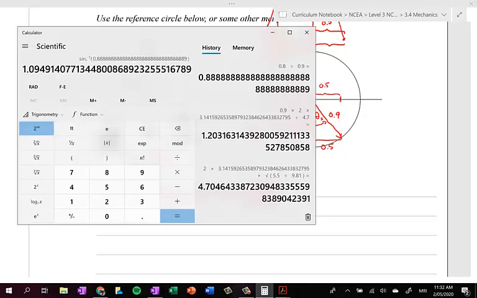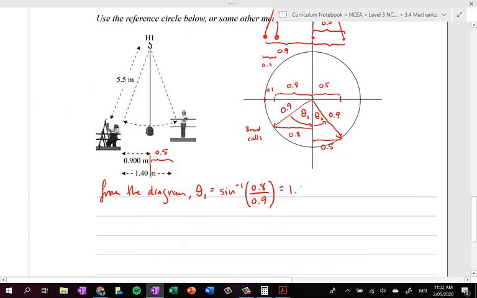So that angle in radians is 1.09. And θ2, well, here it's again the inverse sine because it's the opposite and the hypotenuse.